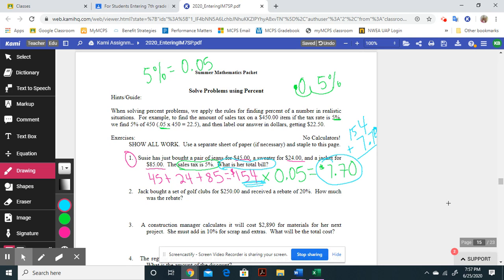If you add it up, 154 plus $7.70 equals $161.70. That is your total price. So the answer for number one is $161.70.